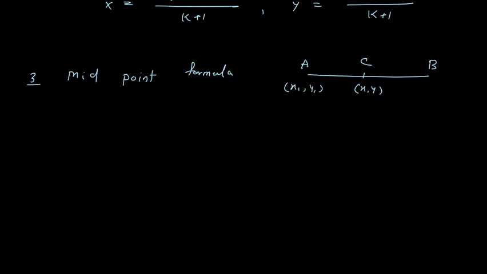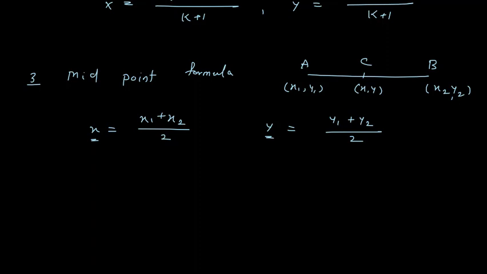B has coordinate say x2, y2. Then I will say that this x equals (x1 + x2) whole divided by 2, and I will say that this y equals (y1 + y2) divided by 2. So this is the x coordinate and this is the y coordinate. This is the midpoint formula.